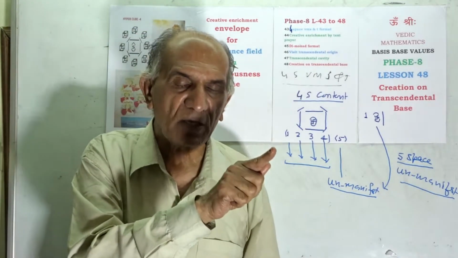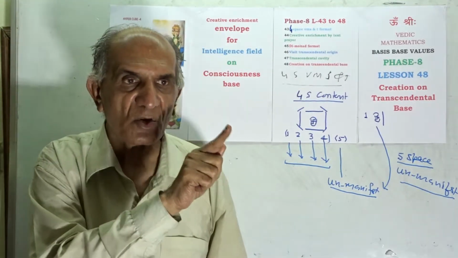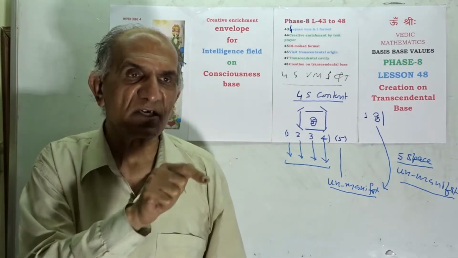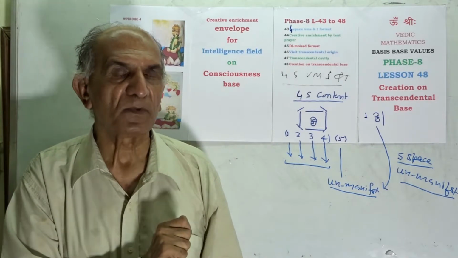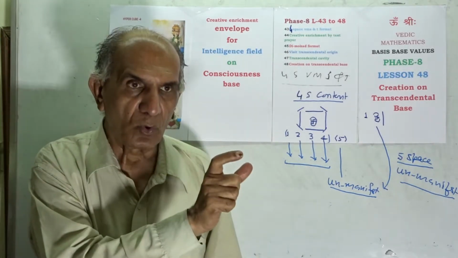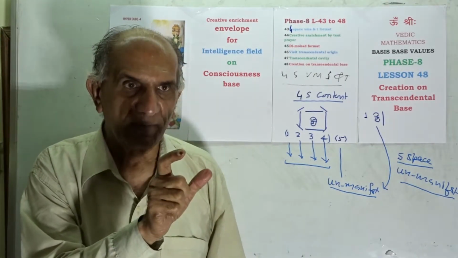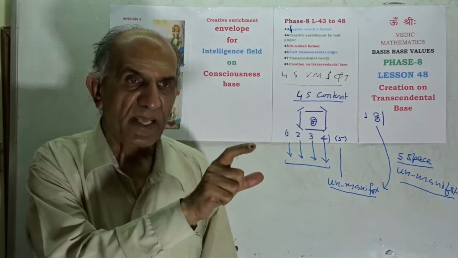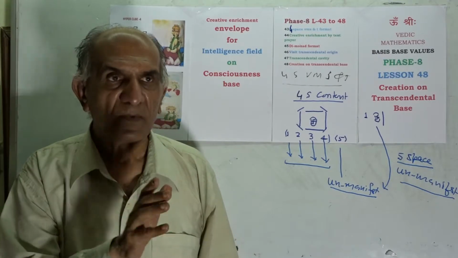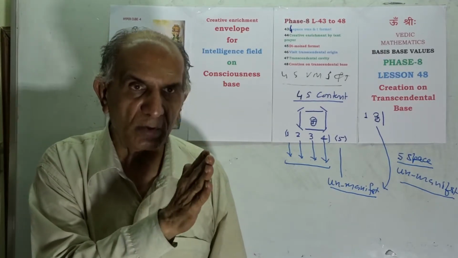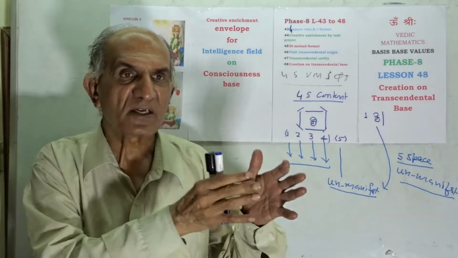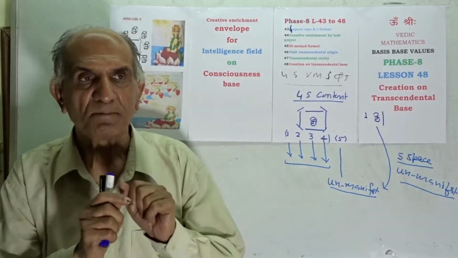So we have to make a note of what is the role of the unmanifest fold in the manifested creation's existence phenomenon. The fifth fold as unmanifest fold is playing its prominent role, and it is because of this prominent role that we have the manifested creation's existence phenomenon.